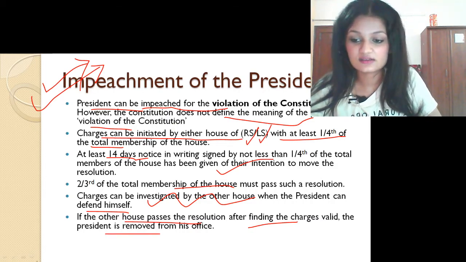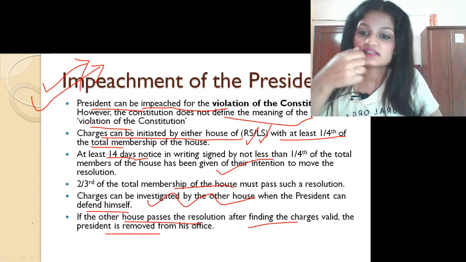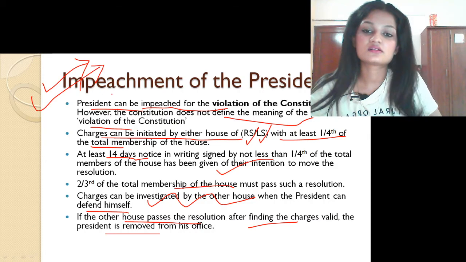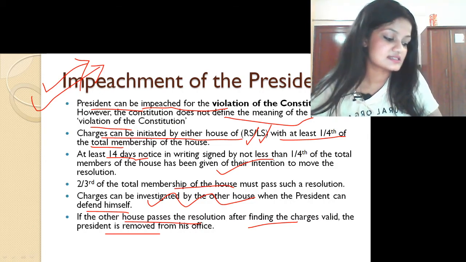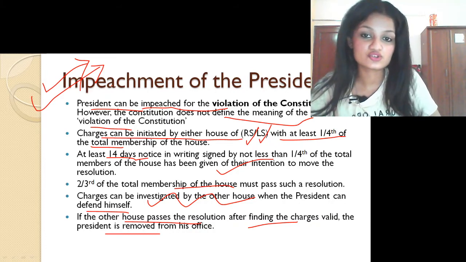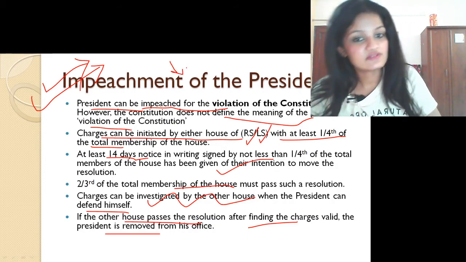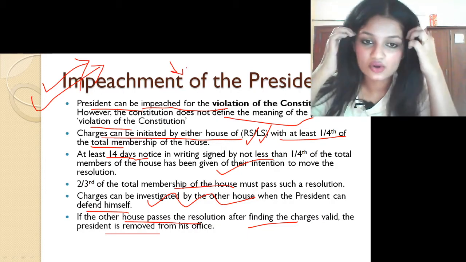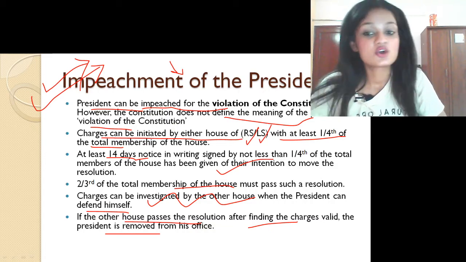So this is the process, and as you can see, it's a pretty long process. The reason for the impeachment of the president is that he can be impeached if there is a violation of the constitution. The impeachment comes under Article 61, but the constitution does not clearly define what they mean by the phrase violation of the constitution.